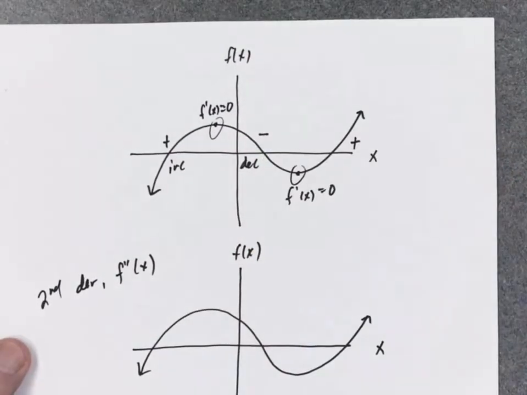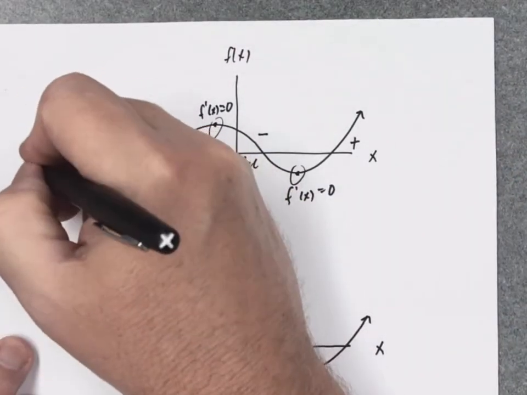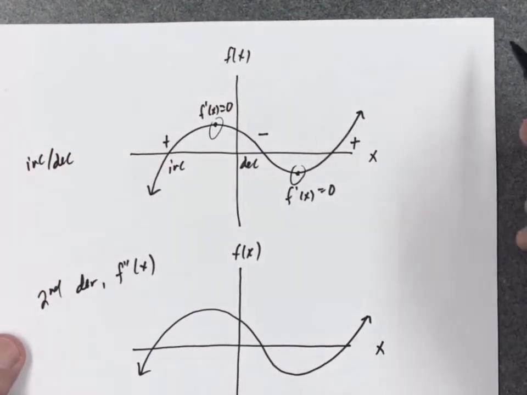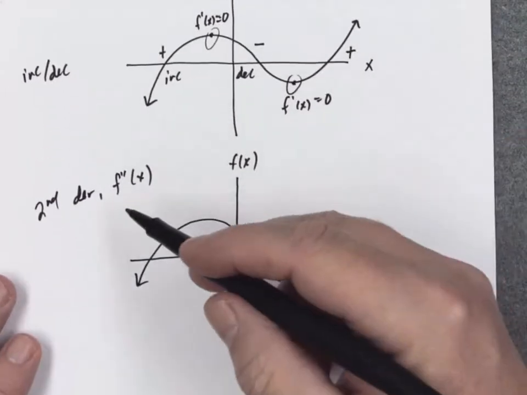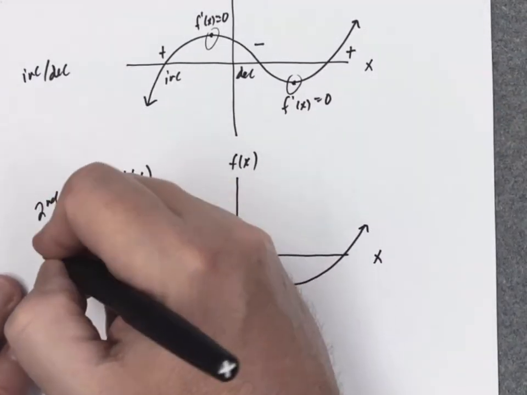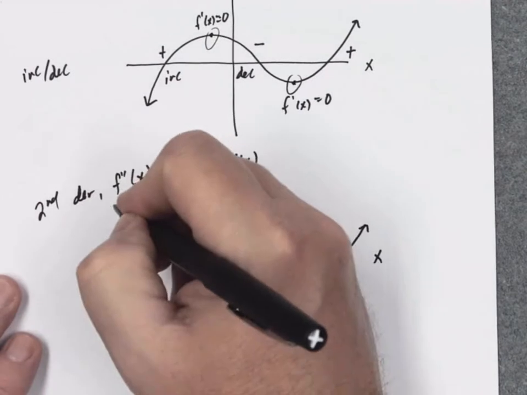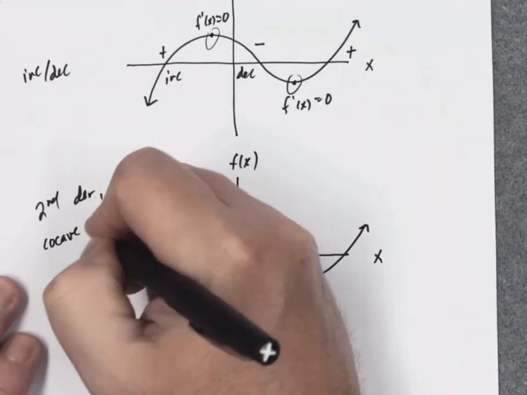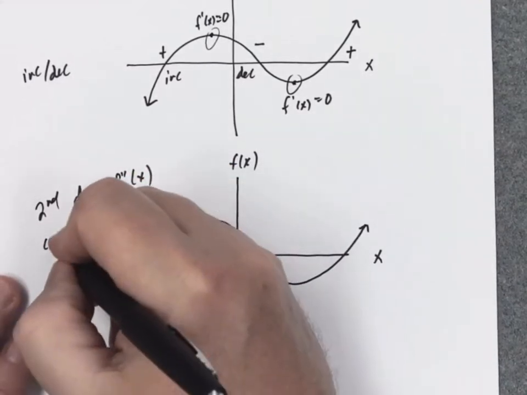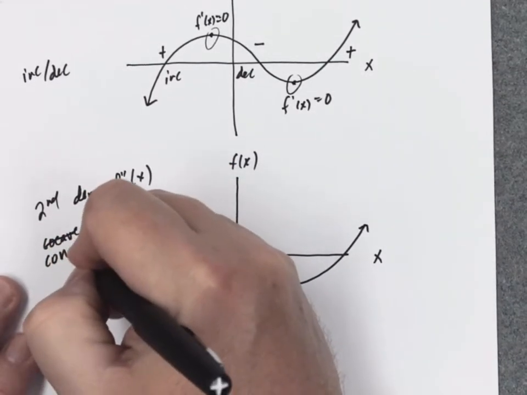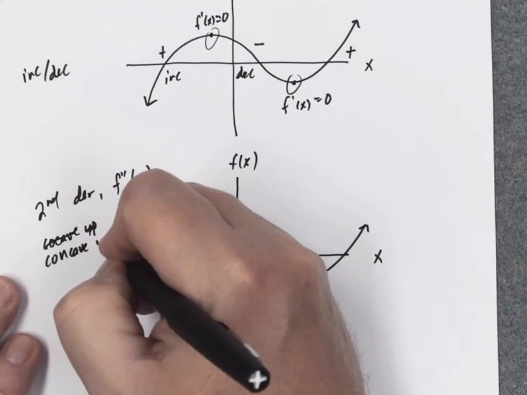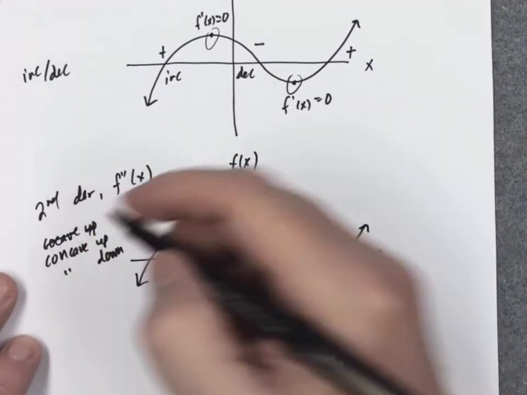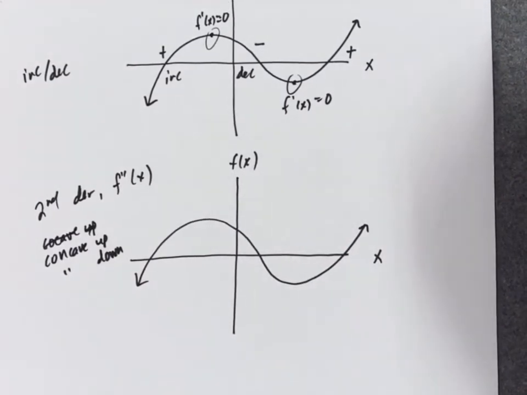When I look at the first derivative, it really tells us where the function's increasing or decreasing. If I look at the second derivative, here's this new word. The second derivative is all about showing me where the graph is concave up and also concave down. Sometimes you also say the concavity.